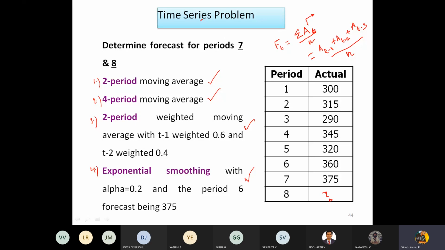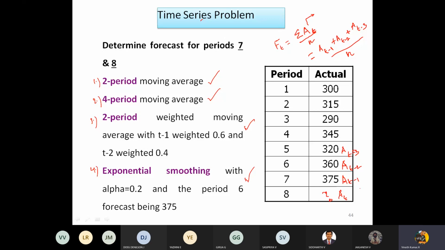So in this period of 8, you are going to calculate the value. It is A suffix t, the most recent demand. So what is A suffix t minus 1? And t minus 2? It is a time period. You are going to calculate the most recent demand for period 8.